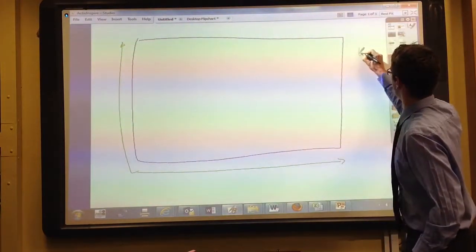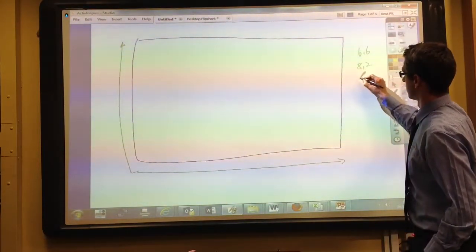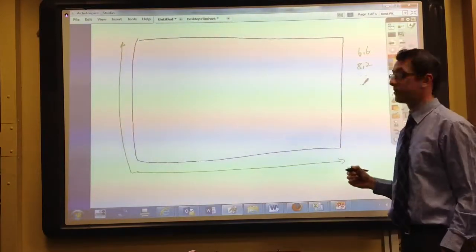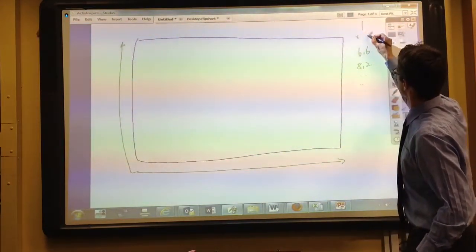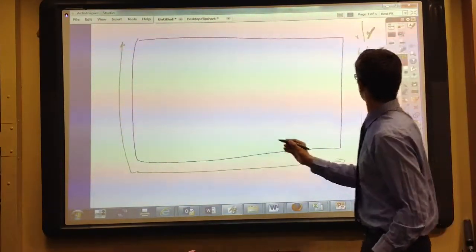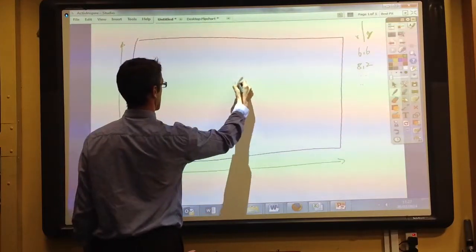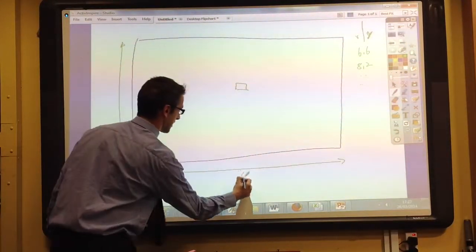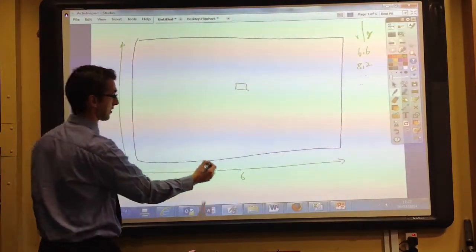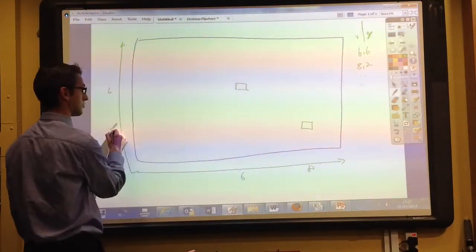So you might have 6, 6 and 8, 2 and so on and so forth. They could be your meters, so you have your x-axis and your y-axis. So the first one, I'd come along 6, up 6, I would place my quadrat down there. Similarly, I'd go along to 8 and up 2 and place my quadrat there.